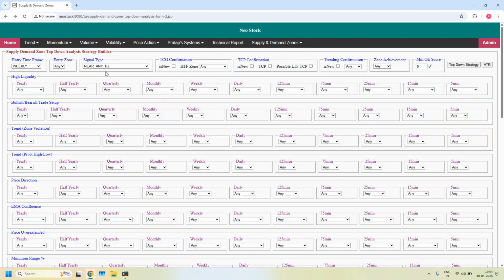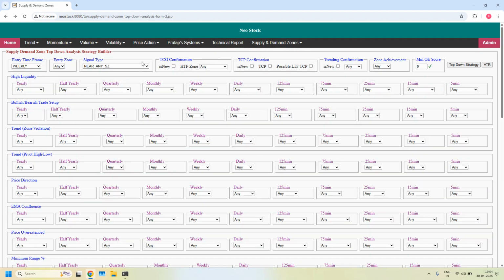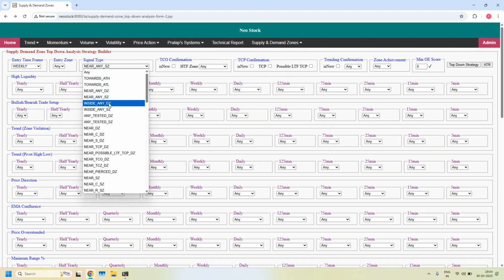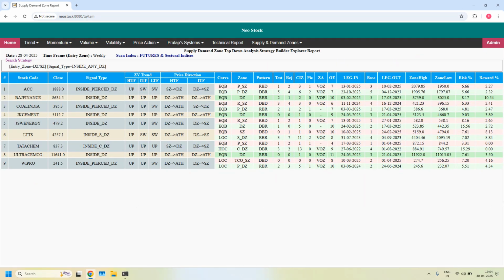Next, stocks near to the weekly supply zone, we got 11 stocks. Okay, next, price closed inside the weekly demand zone, we got 9 stocks.